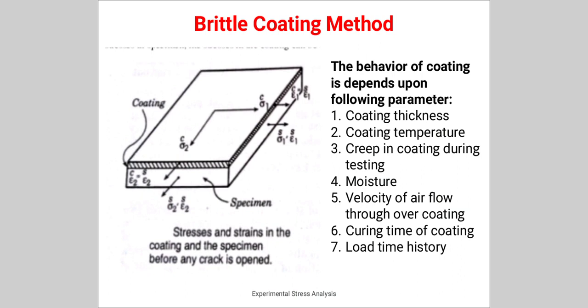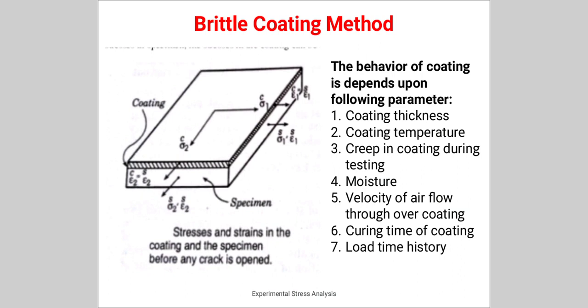The name itself suggests that in the brittle coating method we have to use a coating material. That material is called a brittle lacquer. We have to apply that coating material on the test specimen, which will be useful for the further stress analysis.